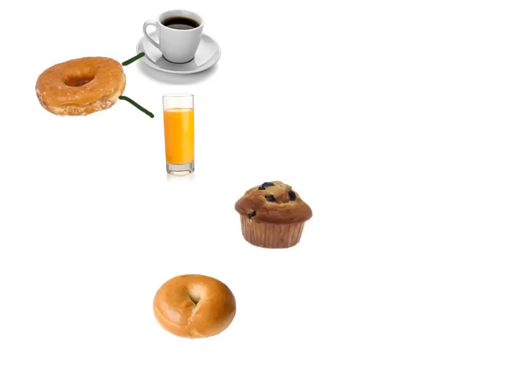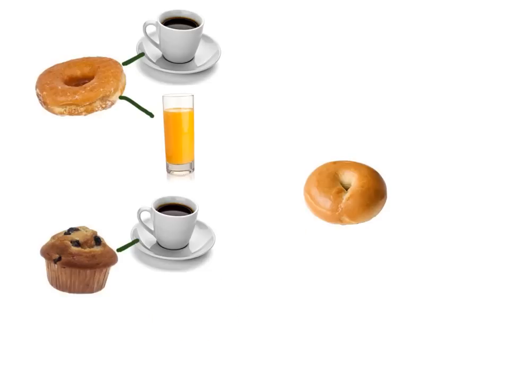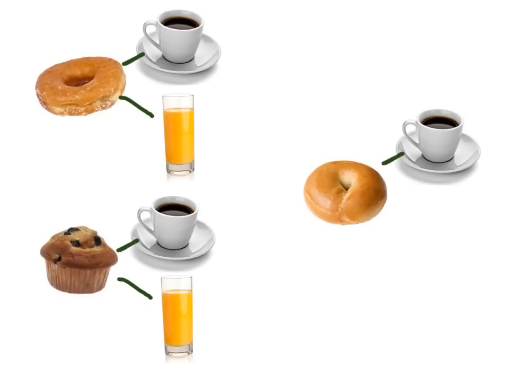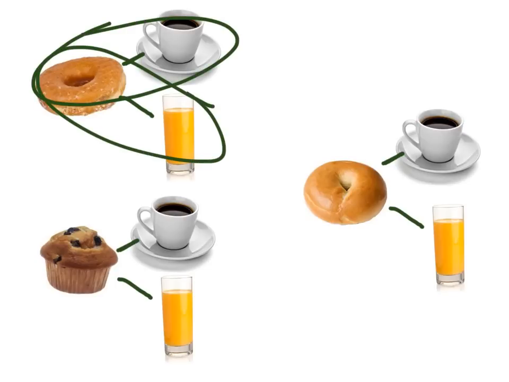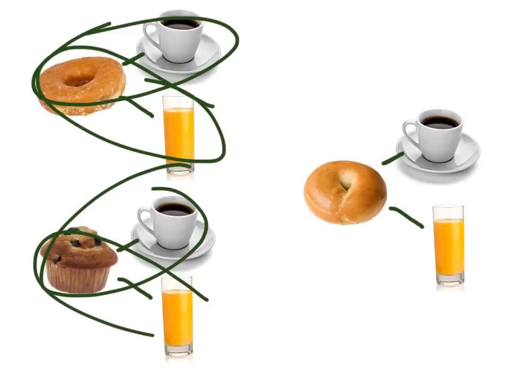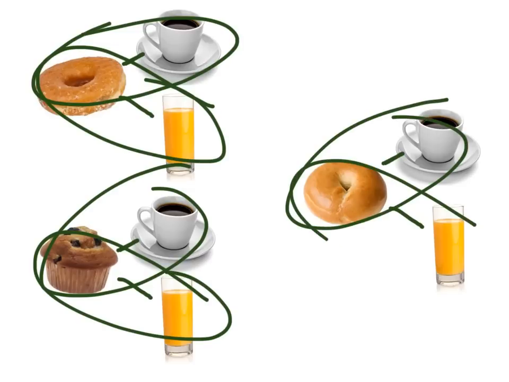If I bought a muffin, I could have coffee with it, or I could have juice, or I could buy a bagel and a cup of coffee, or a bagel and some juice. So here are all our combinations of breakfast. If you count them up, there's 1, 2, 3, 4, 5, 6. There are 6 things I could have for breakfast this morning if I can have one food and one drink.